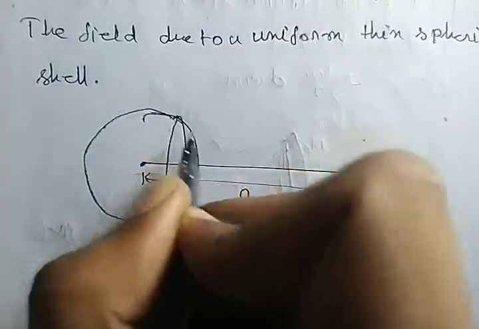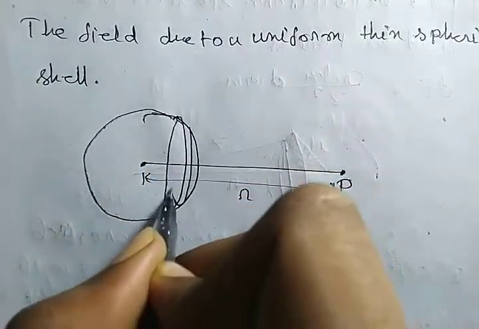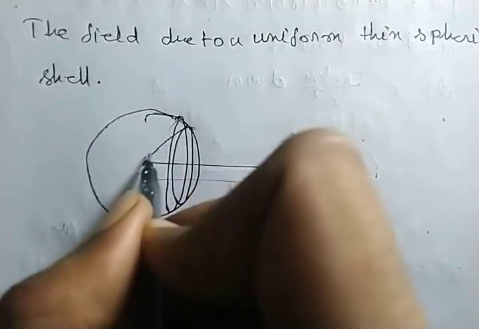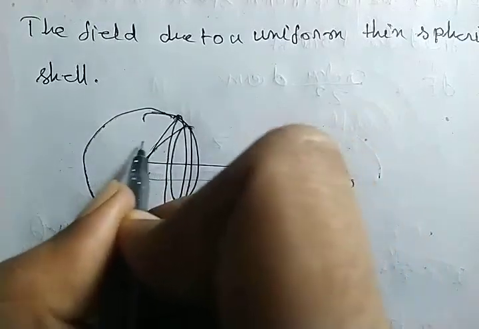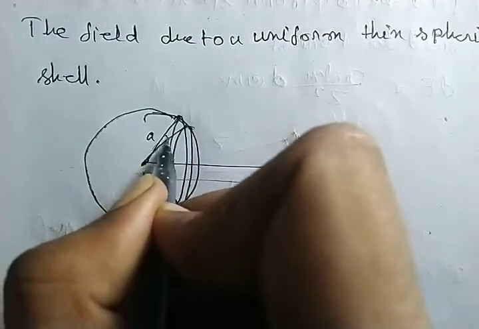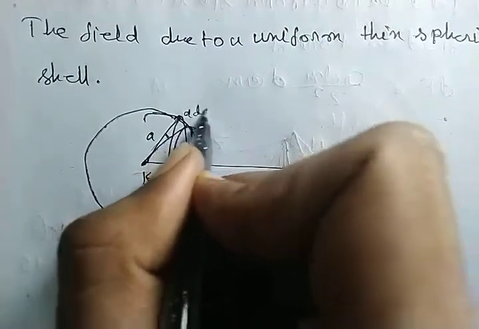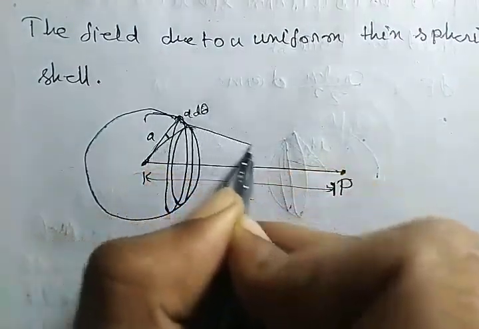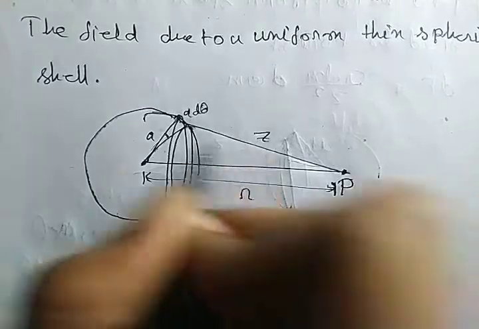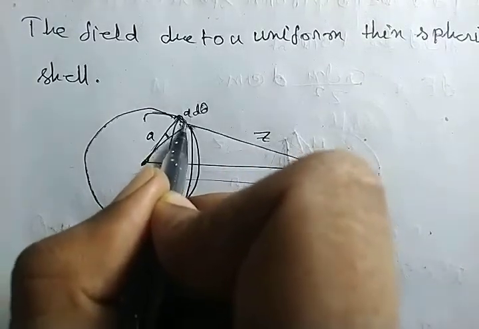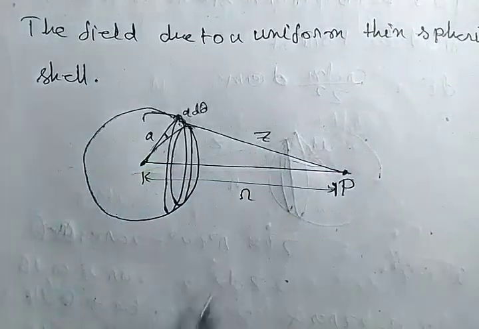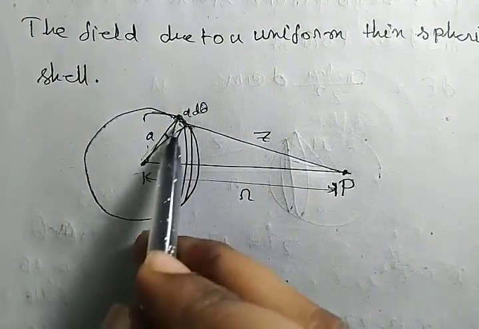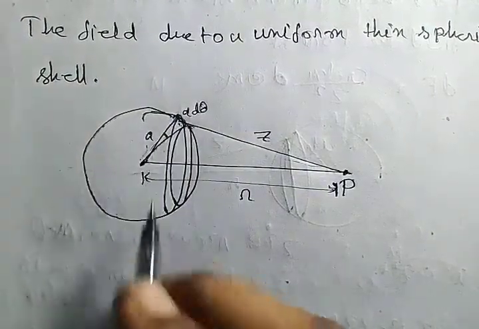Here we consider an area element of thickness a d theta, and the distance of this point from this point is z, and a is the radius of this spherical shell.